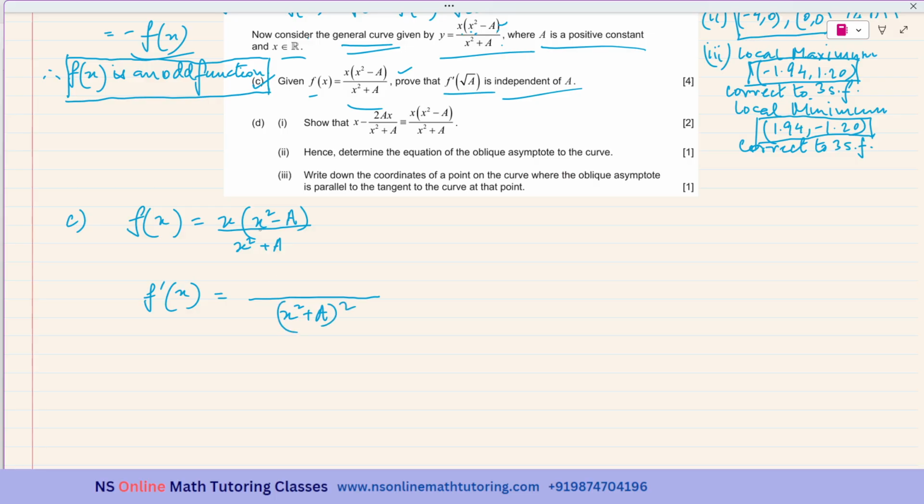Now we have to differentiate the numerator. First of all, in case you keep it in factorized form, you have to use the product rule, or else you can write the numerator in this form, x cube minus ax.